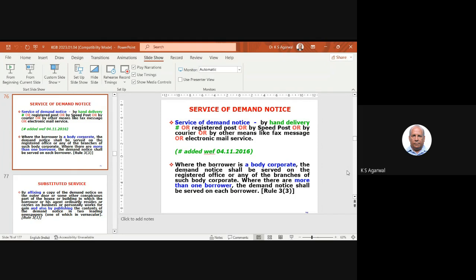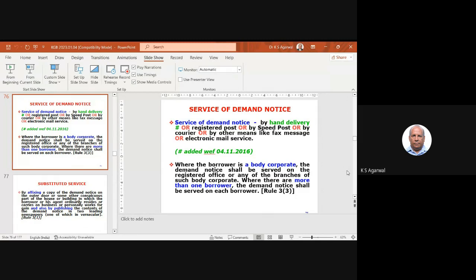Sometimes the envelope may be returned to you. If the remark of the postman is that the addressee was not found at this address, then this is not served. But if the postman says that the addressee refused to take delivery, it is deemed that it has been served.